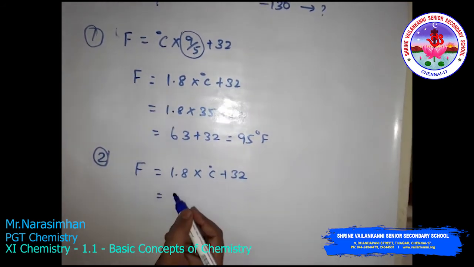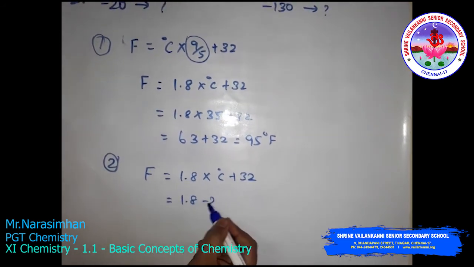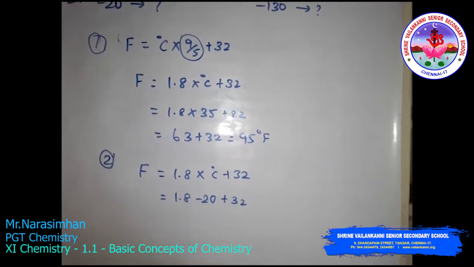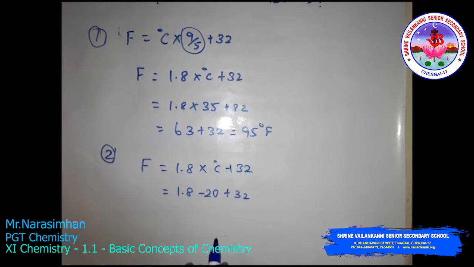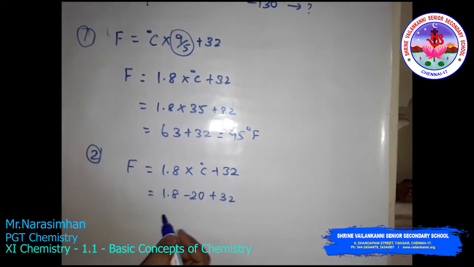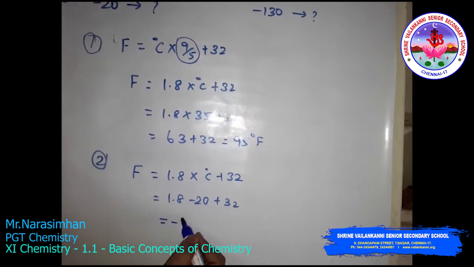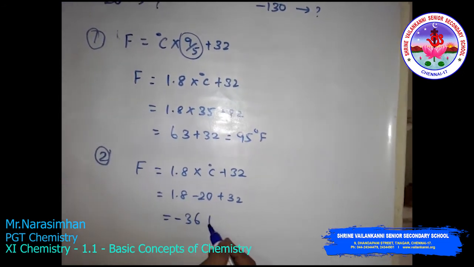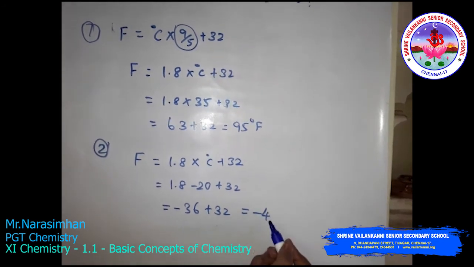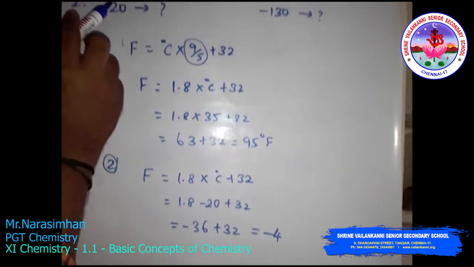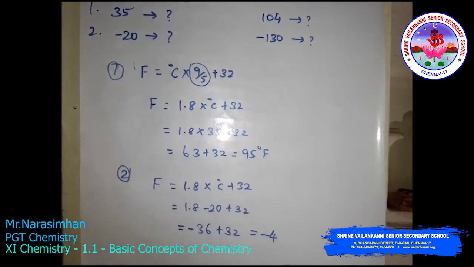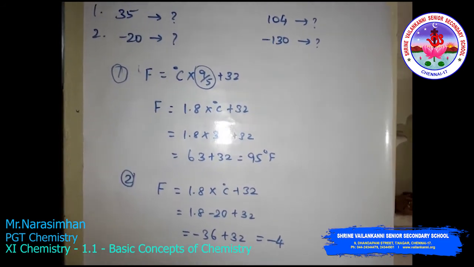So minus 20 into 1.8 is equal to minus 36, plus 32, which becomes minus 4. So minus 20 degree Celsius is equal to minus 4 degree Fahrenheit. This is the answer.